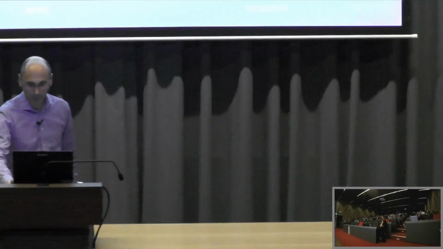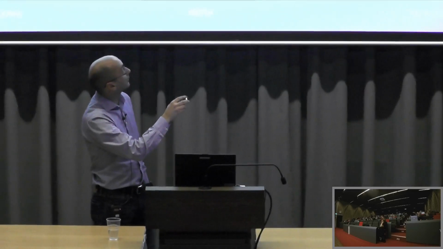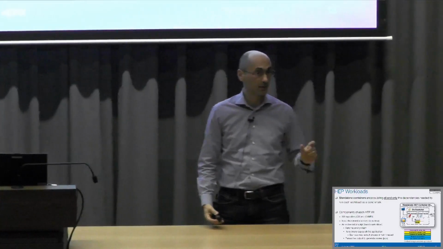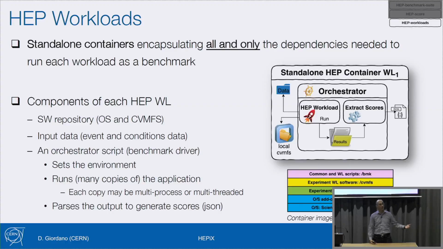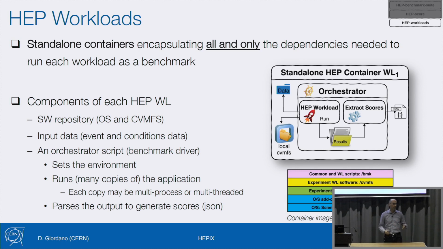Well, I hope I will not spoil much of Chris's talk, but essentially this orchestrator is the same starter script that experiments trigger to set up the environment through CVMFS. So inside the container, the application perceives the same environment as the one the specific experiment is running on the grid.